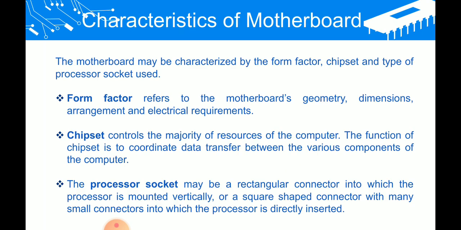Now let's see the characteristics of the motherboard. The characteristics are form factor, chipset and processor socket. So what is form factor? Form factor refers to the motherboard's geometry, dimensions, arrangement and electrical requirements. Form factor means how the motherboard looks and how the arrangement of various components is made.